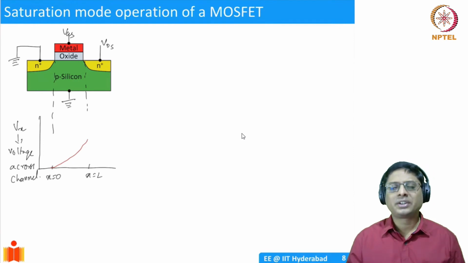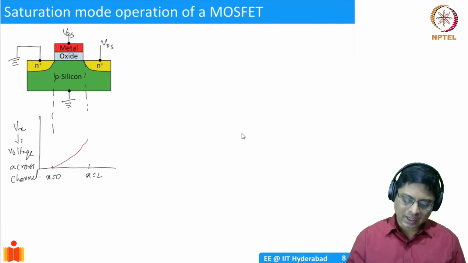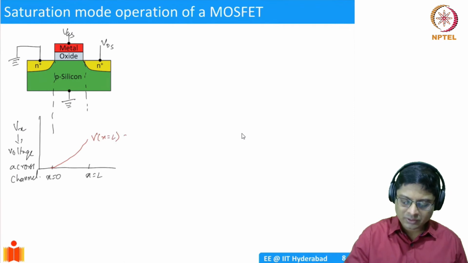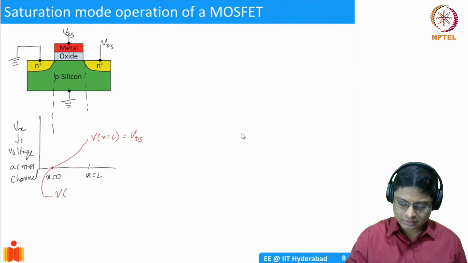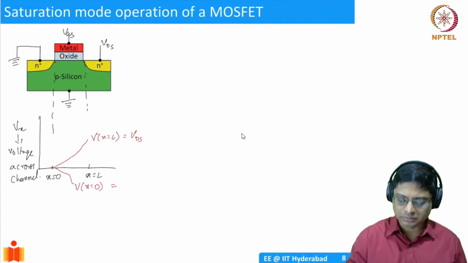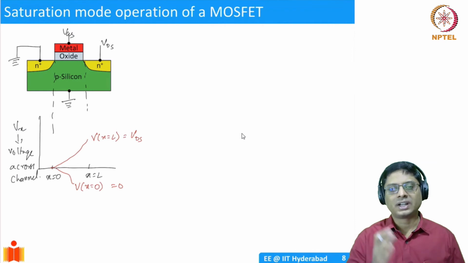It also makes sense because at x equal to L, V of x equal to L should be equal to VDS, and V of x equal to 0 should be equal to 0, right? Source is grounded.